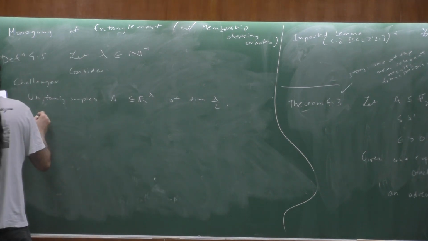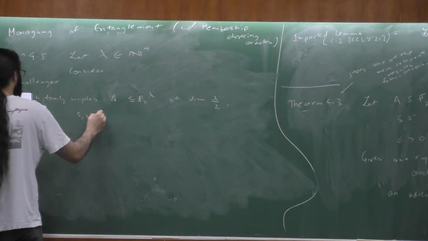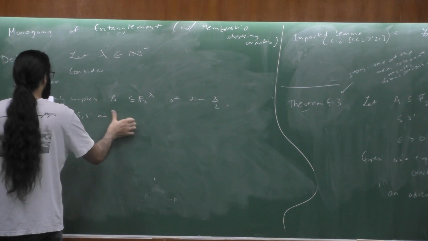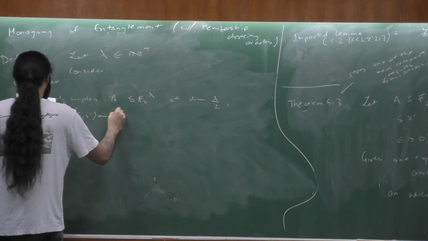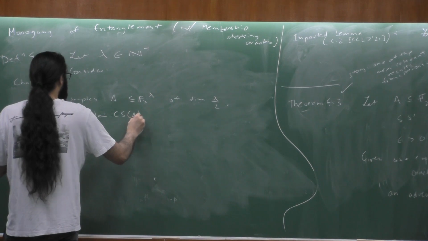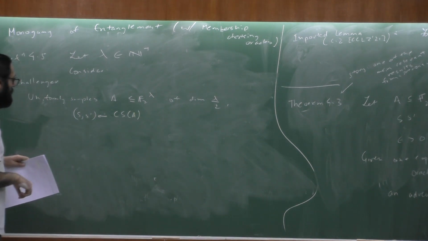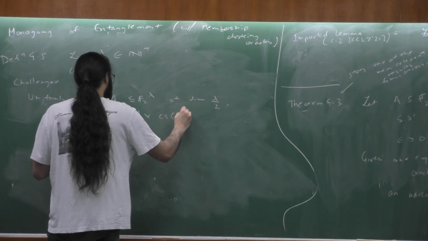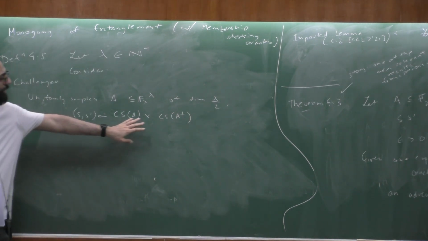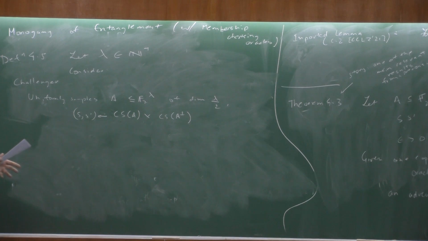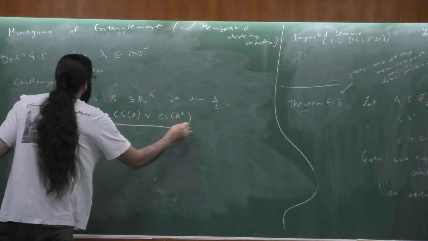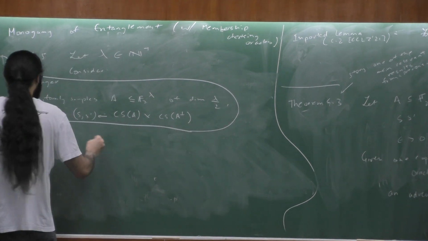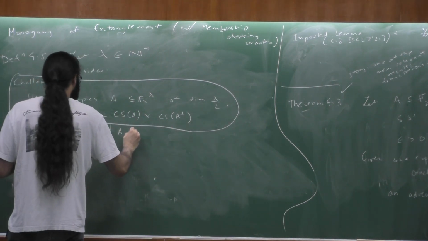And you sample S, S' uniformly. I have to be more careful because we set up the notation: this is the set of canonical strings from A cross canonical strings from A perp. We already claimed that you can efficiently sample, so everything so far is efficient. This is what the challenger does, and then the challenger sends A, S, S'.